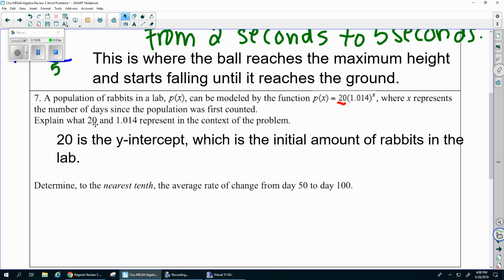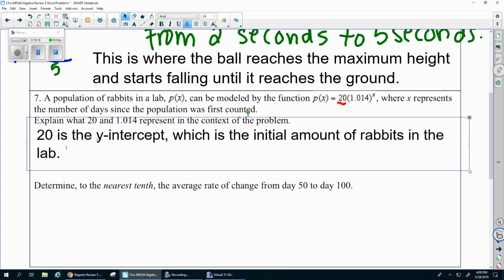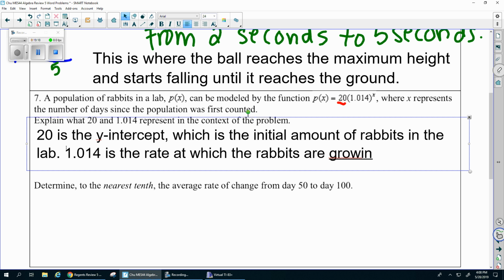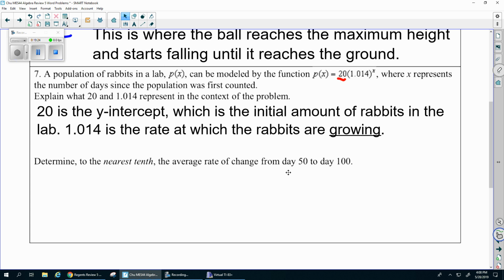And since this is an exponential equation, we talk about exponential growth and decay. 1.014 is the rate at which the rabbits are growing. Since it is greater than 1, I know it is growing. Determine to the nearest tenth the average rate of change from day 50 to day 100.